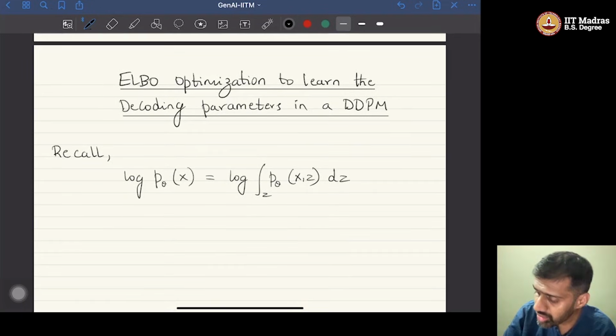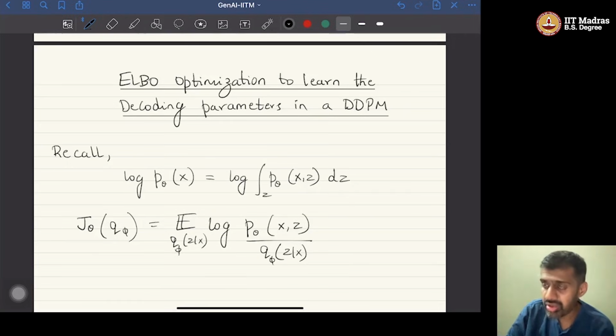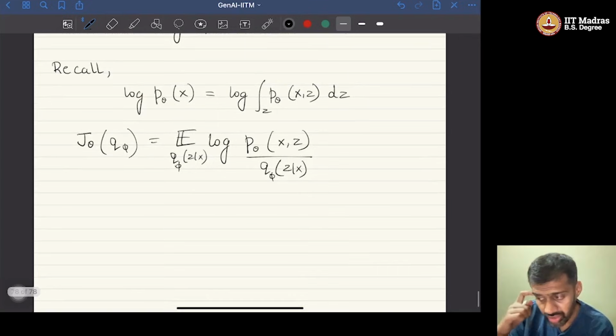What we did was we constructed a lower bound on this, which we call the evidence lower bound J theta of q phi in the case of a VAE, which was given by the expectation of log of p theta of x and z divided by q of z given x, with respect to q of z given x. Okay, so in a VAE we made this q also a learnable distribution.